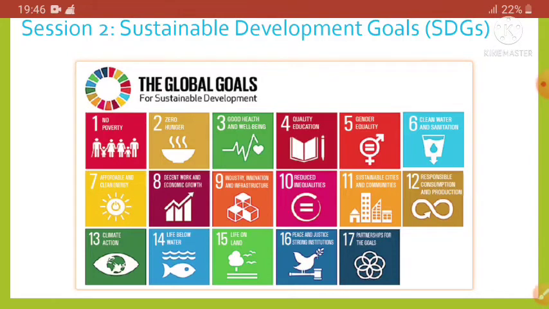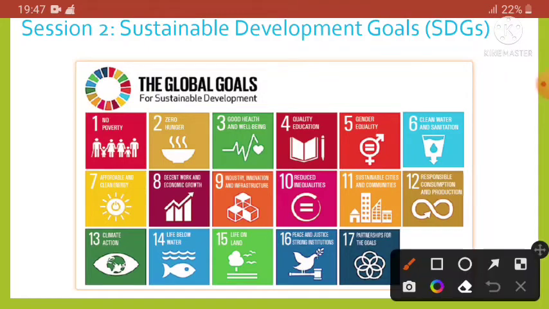These SDGs are categorized into 3 areas, which are economic, environmental and social.